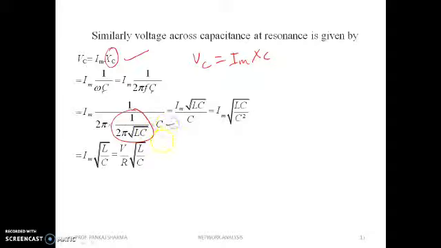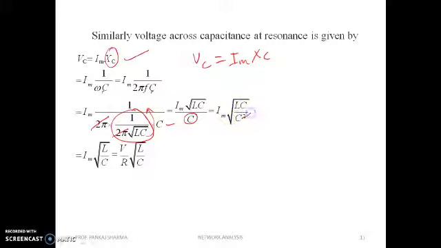So this 2 pi gets cancelled out, and 1 by root under LC comes above here. That is Im into root under LC upon C. Bring this C inside the root, so it will become Im into under root LC upon C square.